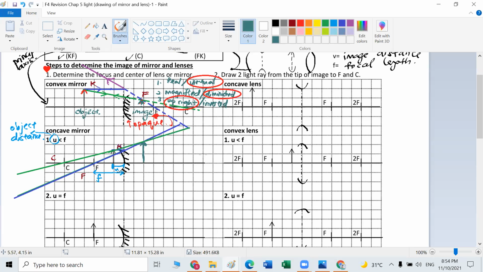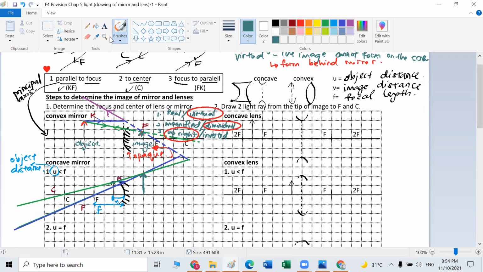Okay, and since it's behind the mirror, so actually it is dotted line. And can you tell me what is the characteristic? 1, 2, 3.